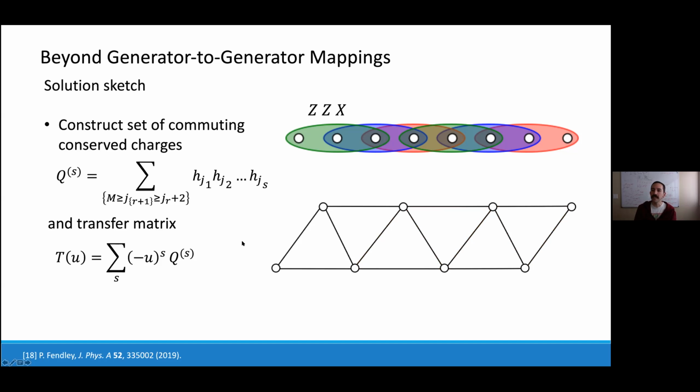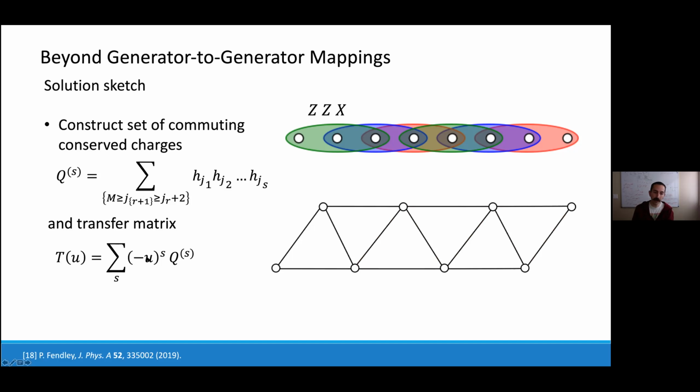Such a mapping doesn't exist. But that doesn't mean that there isn't something non-interacting in terms of fermionic operators that can solve the model. And the way that Fendley solved this model is he found a set of commuting conserved quantities, which he defined in this way by taking certain specific products of Hamiltonian terms. And he defined this transfer matrix in terms of some real parameter u.